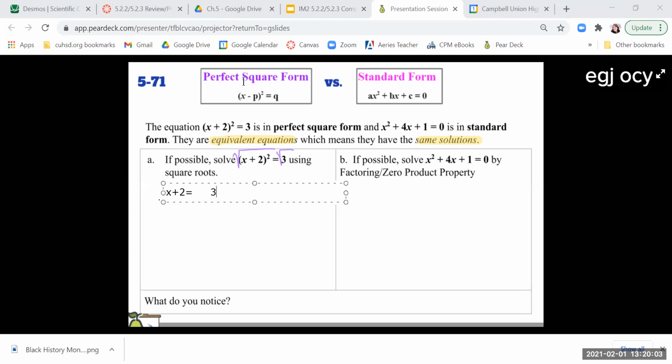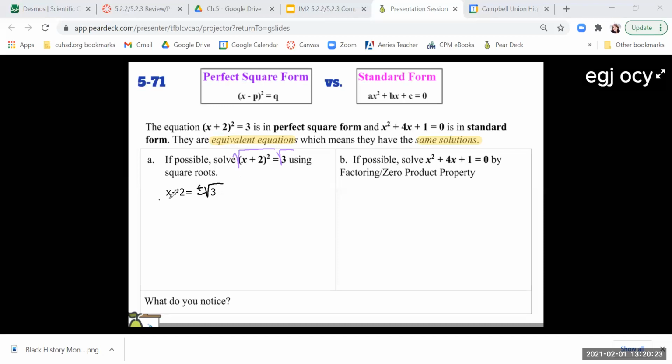I'm going to add my notation here because it's not something I know how to type. So plus or minus the square root of 3. So that's x plus 2 equals plus or minus the square root of 3.